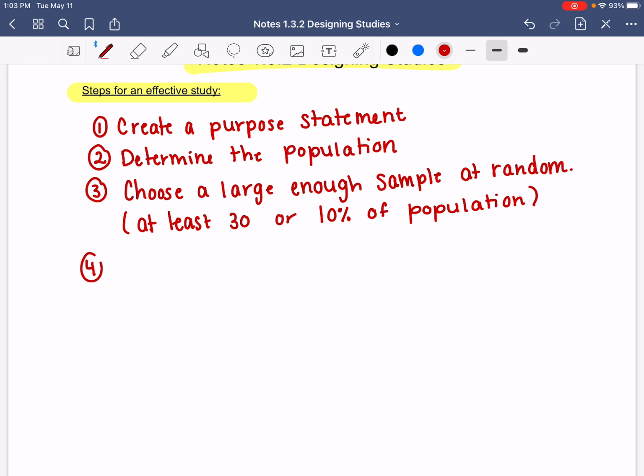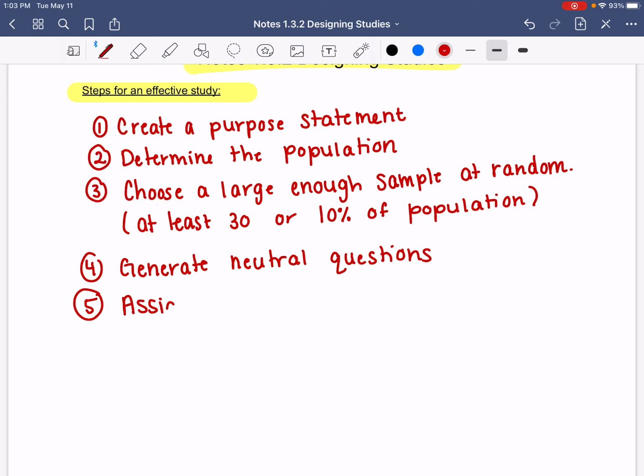Step 4, if you're doing a survey or whatever it might be, you want to generate neutral questions. And then you want to make sure you assign subjects randomly if you're doing an experiment.